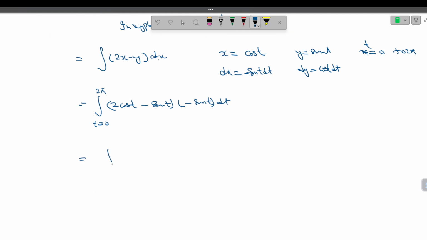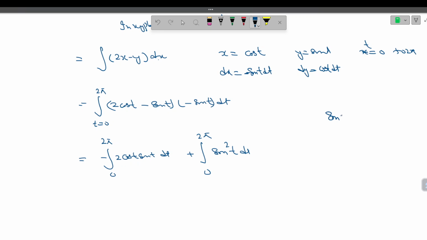Now this is equal to the integral from 0 to 2 pi. Taking the minus outside, 2 cos t sin t dt, minus times minus becomes plus, the integral from 0 to 2 pi of sin square t dt.